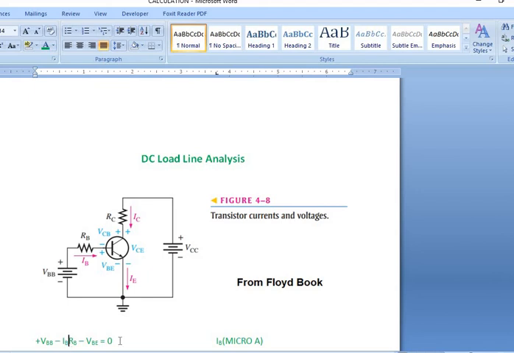So IB RB, so this is what? Positive VBB, base voltage, minus IB into RB, minus VBE, that is equal to 0.